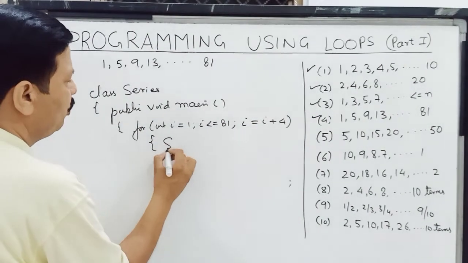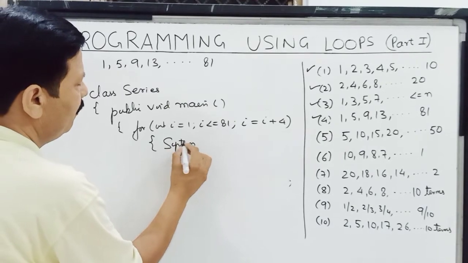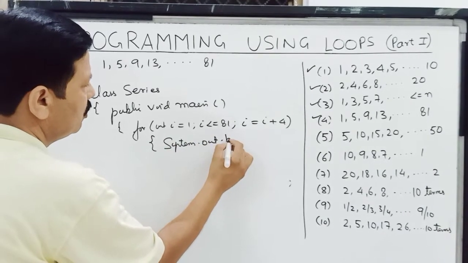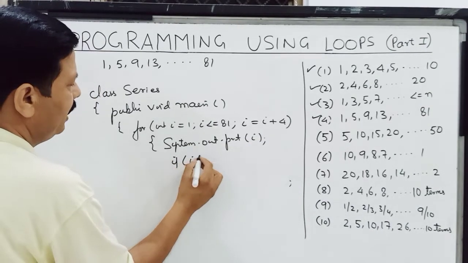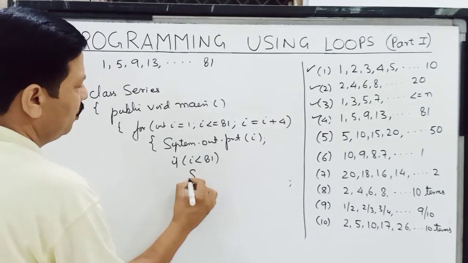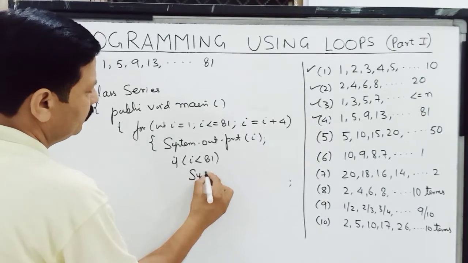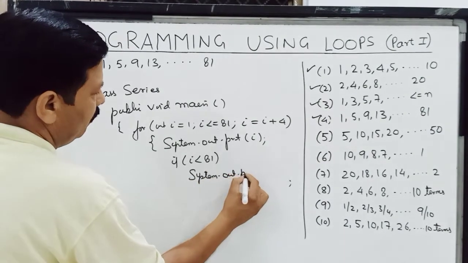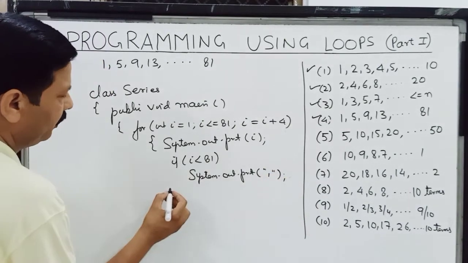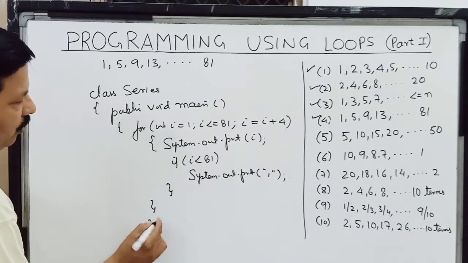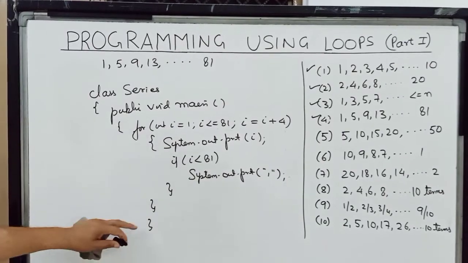Now here I am going to print my values. Print I, and till less than 81 I am going to print a comma, which I am doing like this. So this is the end of the loop, the end of the method and class.